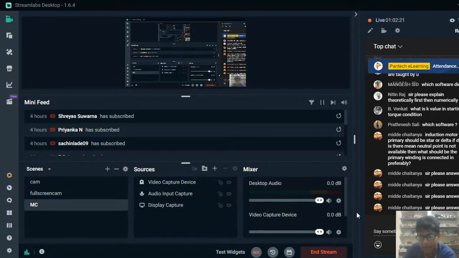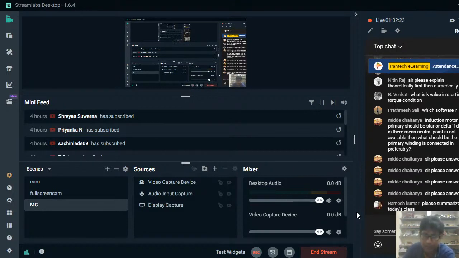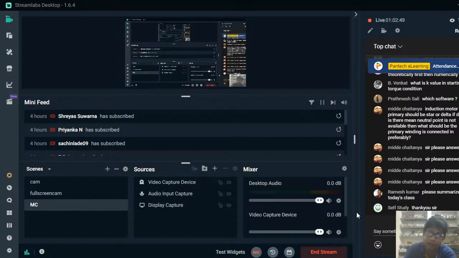No, star and delta, whatever circuit I have drawn is a single phase circuit, one phase. So it is immaterial whether star or delta, only that value will change. Whatever it may be, it is a phase. If it is a star, you convert into delta.